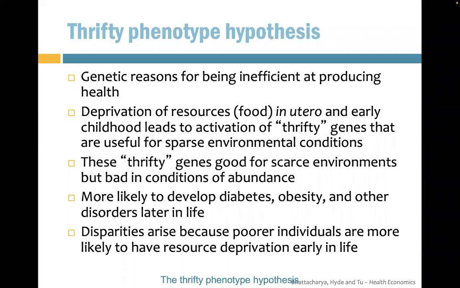What these genes do is that they are useful for sparse environmental conditions, but bad in conditions of abundance. So when these people face abundance, they eat more, or they eat more unhealthy foods, so they're more likely to develop diabetes, obesity, and other disorders later in life. Disparities arise because poorer individuals are more likely to have resource deprivation early in life.